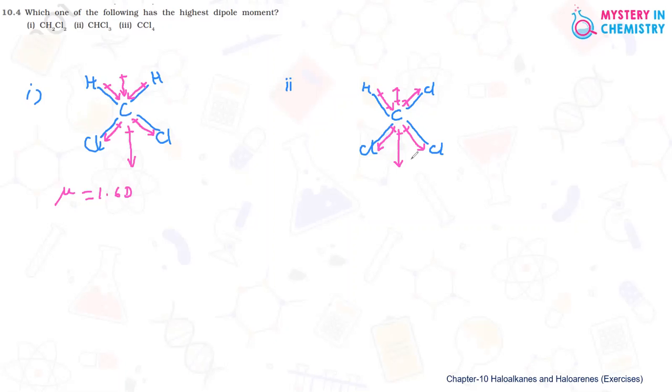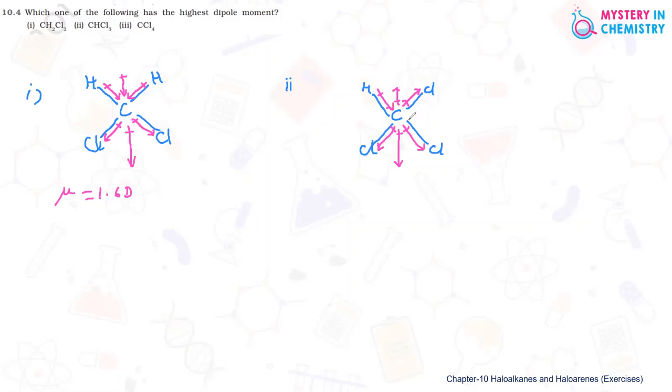So in this case, we can say that in CHCl3, the resultant of the dipole moment of two carbon-chlorine bonds is opposed by the resultant of one carbon hydrogen and one chlorine bond. It is opposed by this small arrow. And this opposition is slight, and that is why the total dipole moment of the molecule should decrease.